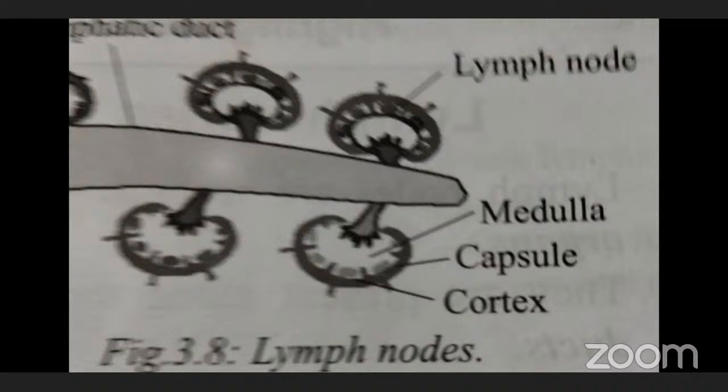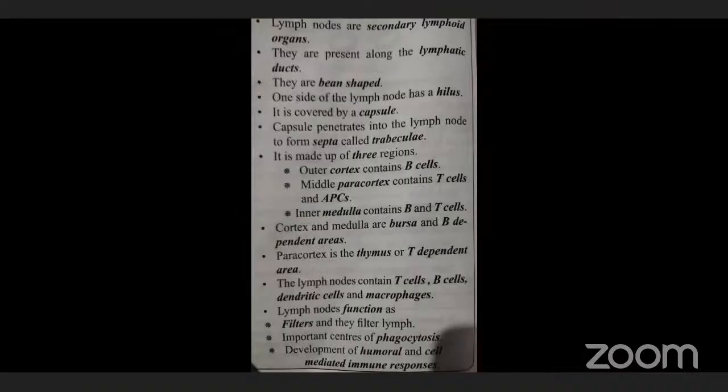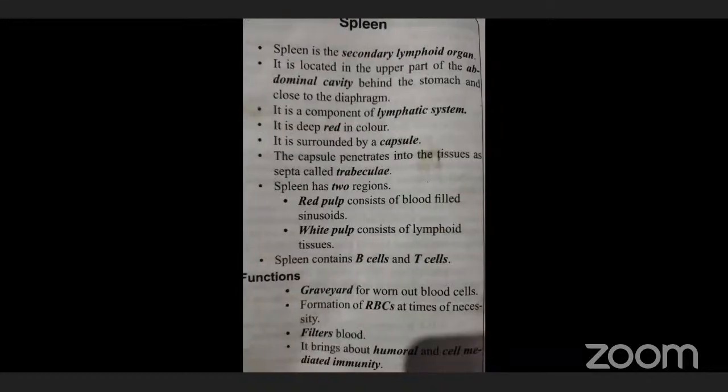The second one is the spleen. The spleen is also a secondary lymphoid organ.